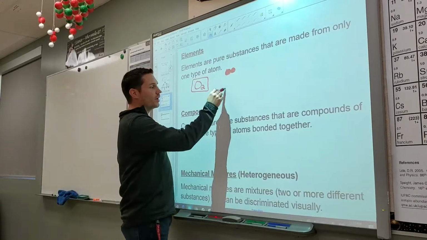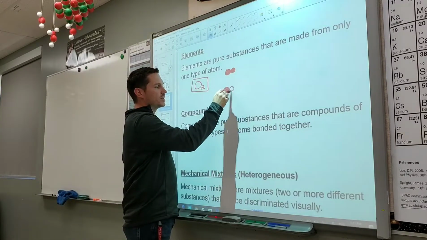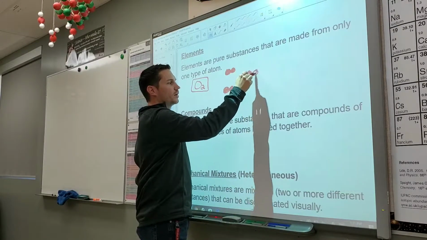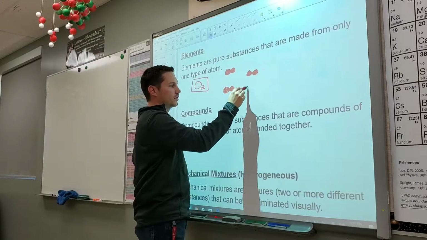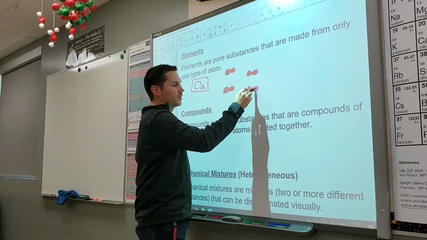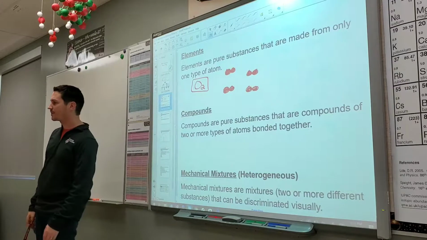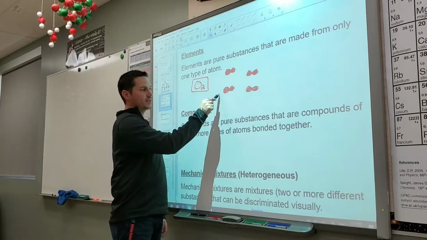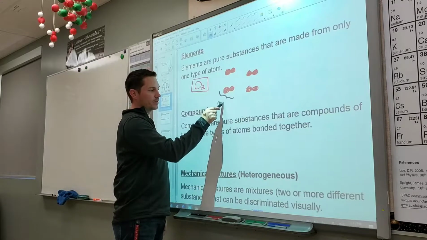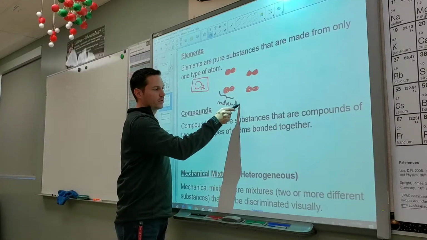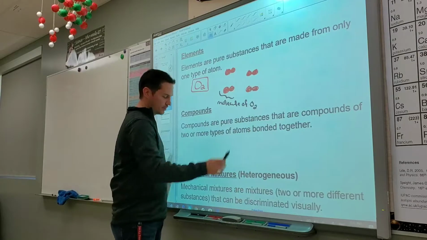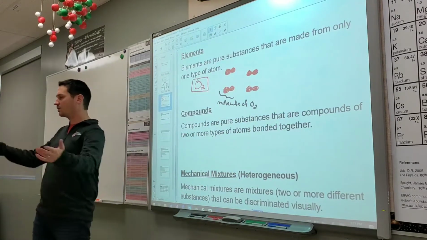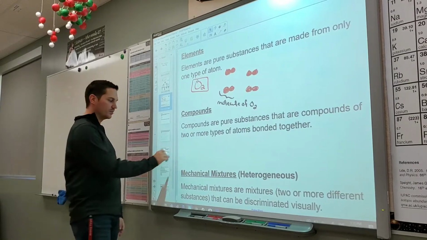And so if you had a bunch of oxygens, if you had pure oxygen, this is what it would look like. Do you get my drift? This is a molecule of oxygen. Are all of the particles totally identical? Yes, they're all totally identical, so it's pure. Good. Moving on.